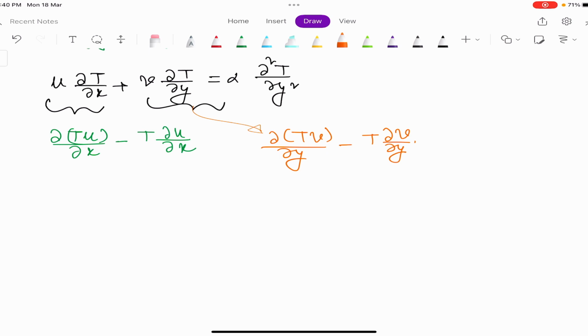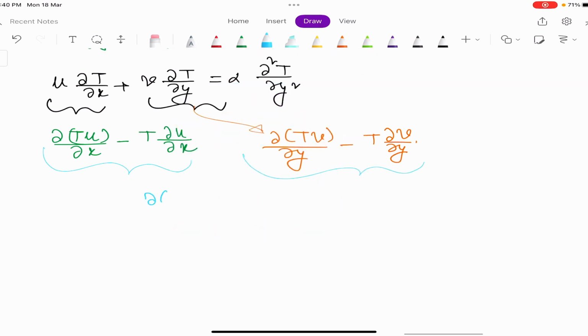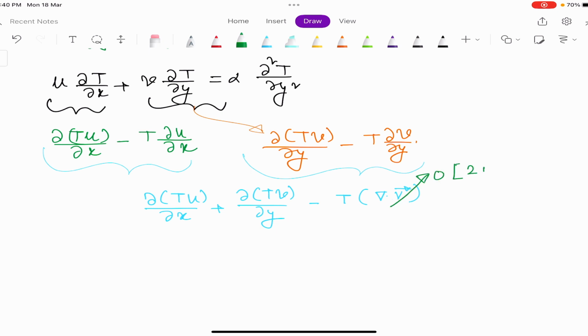Now if I add this one and this one, what I will get is ∂(Tu)/∂x plus ∂(Tv)/∂y minus T times the divergence of velocity, ∂u/∂x plus ∂v/∂y. And for a 2D incompressible flow, this is 0.